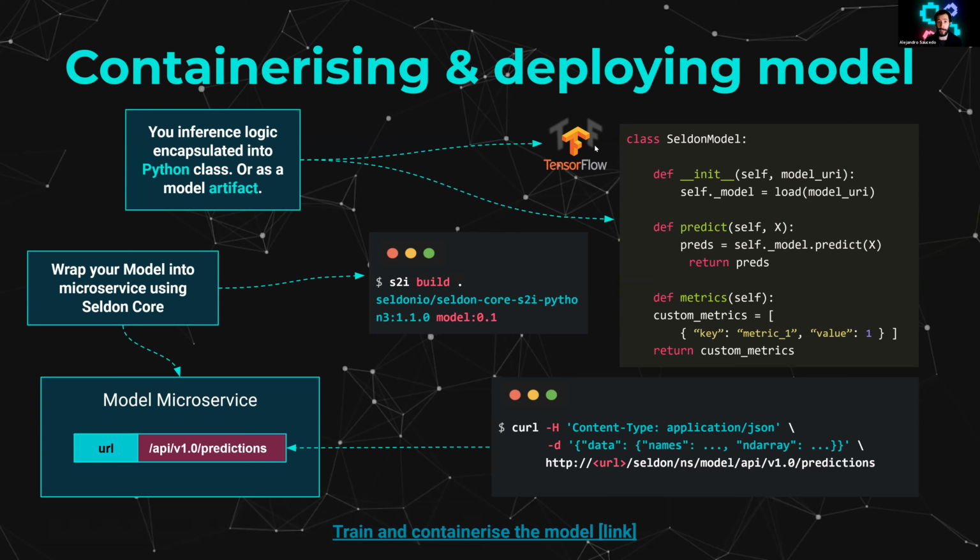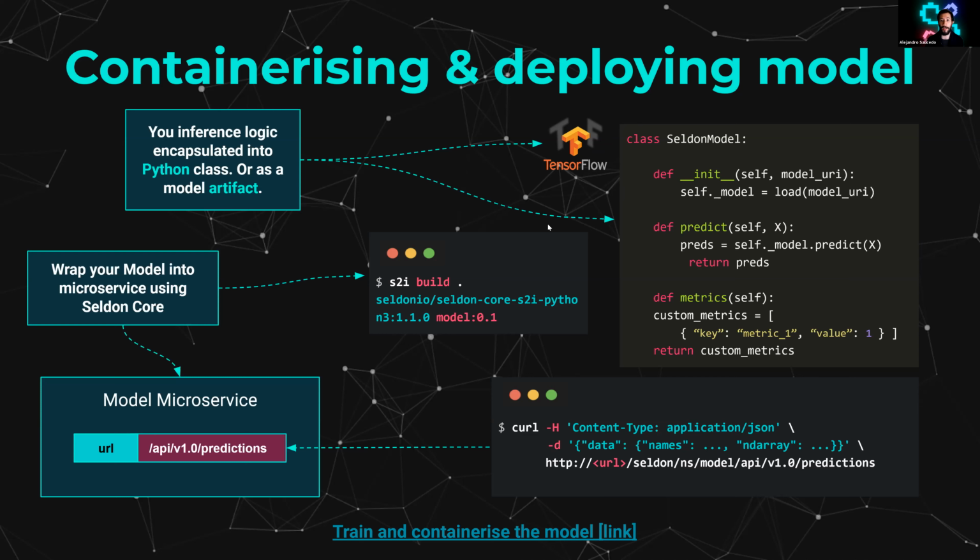Seldon actually uses, for TensorFlow models, the actual official Docker image for TF Serving. Similarly, we actually have an MLflow server wrapper, so you can just provide your binaries of MLflow exports that actually get converted into a fully fledged microservice.